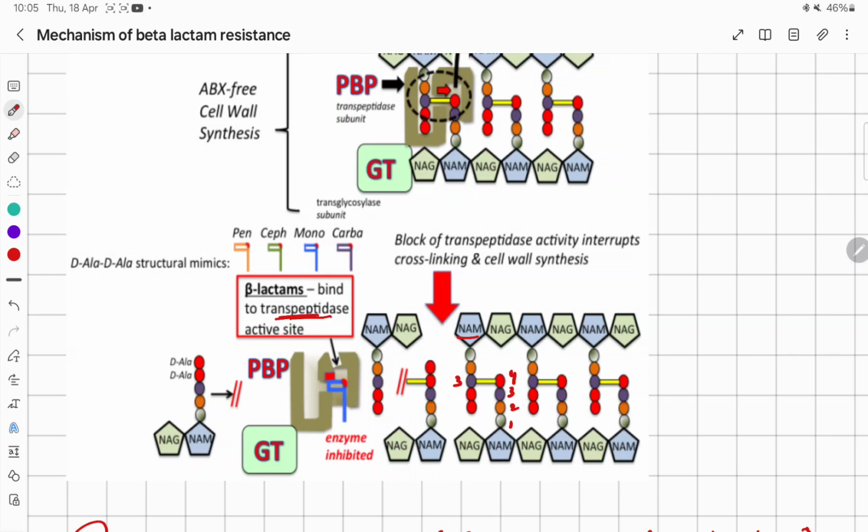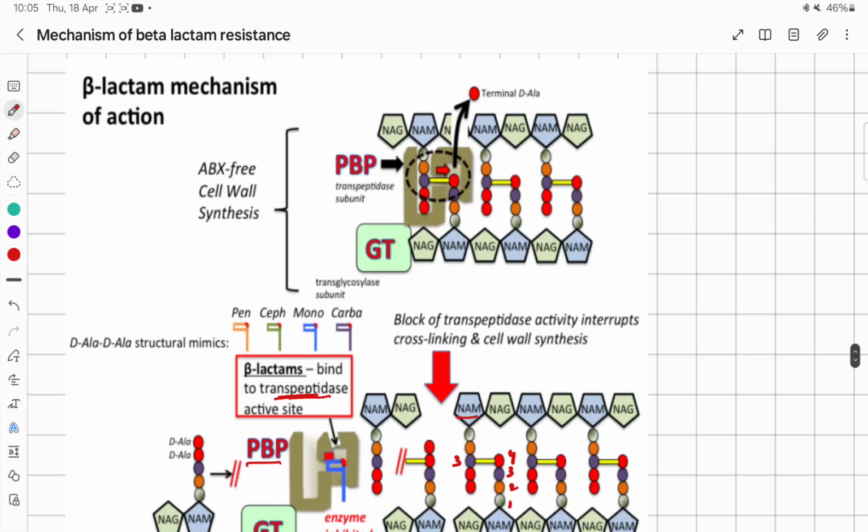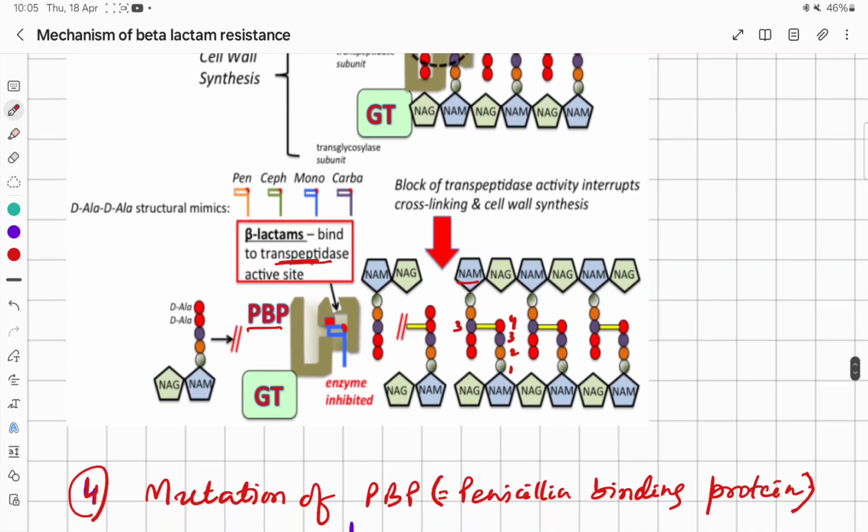Beta lactam antibiotics bind to this transpeptidase enzyme, also known as penicillin binding protein, because penicillin is the first beta lactam antibiotic. Beta lactam antibiotics bind to this transpeptidase, inhibit this cross-linking, so there will be no peptidoglycan biosynthesis and no bacterial cell wall biosynthesis. If there is a mutation of this transpeptidase or penicillin binding protein, that also can produce resistance.